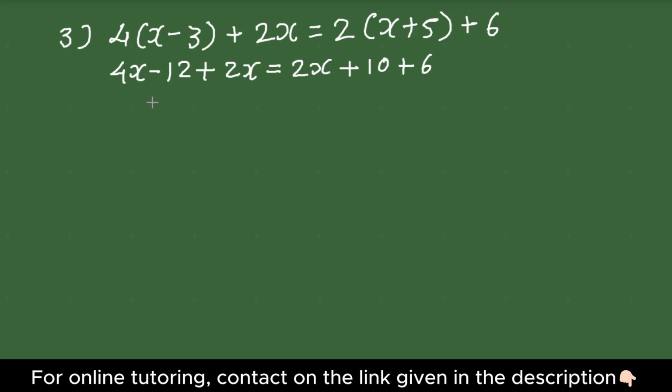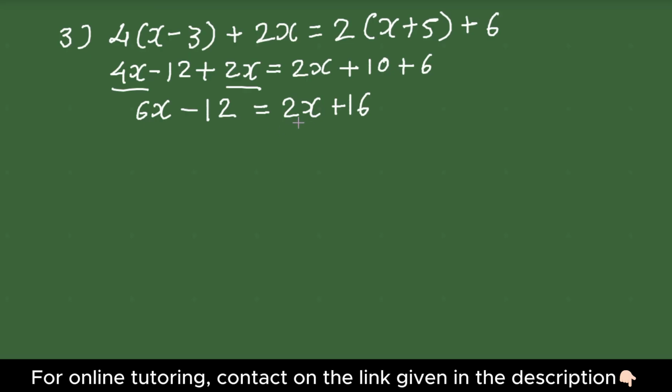Now let us simplify. 4x plus 2x will be 6x and minus 12 as it is on the left side. On the right side we have 2x and 10 plus 6 is 16. Now let us write all the terms with variable x on the left side, and let us write constant terms on the right side.